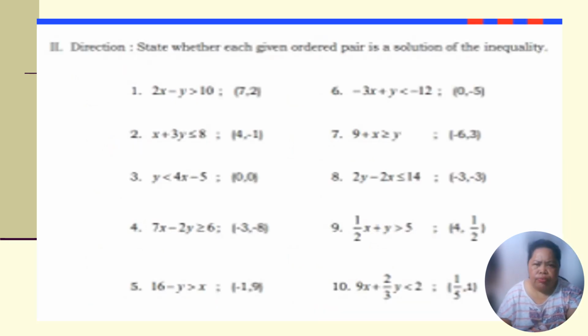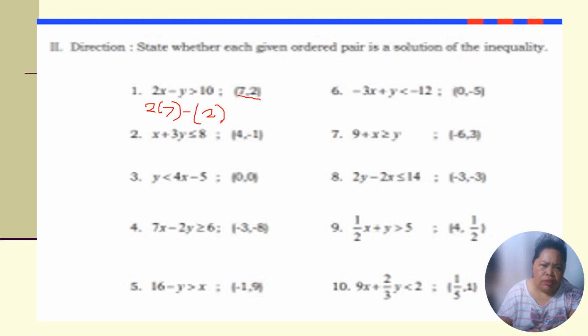Now, state whether the given ordered pair is a solution of the inequality. Just like what we did on the previous slide, all you have to do is substitute the values of the coordinates here, which is 7 and 2, like 2 times 7. I will do the first and you do the rest.